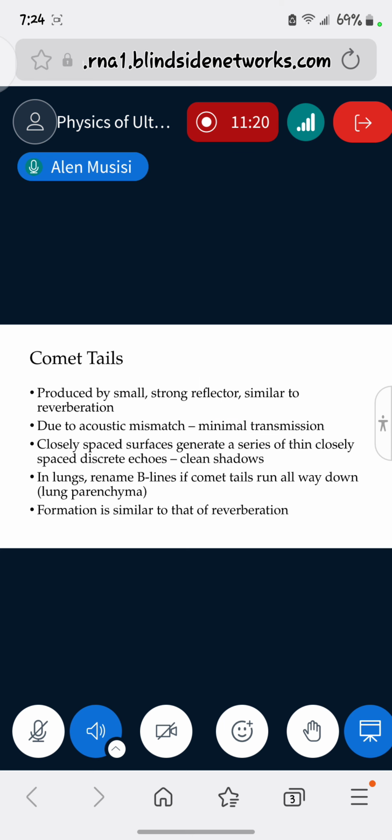Then we go to another artifact which is called comet tails. A comet tail is an artifact falling in the family of reverberation. It's a reverberation artifact.